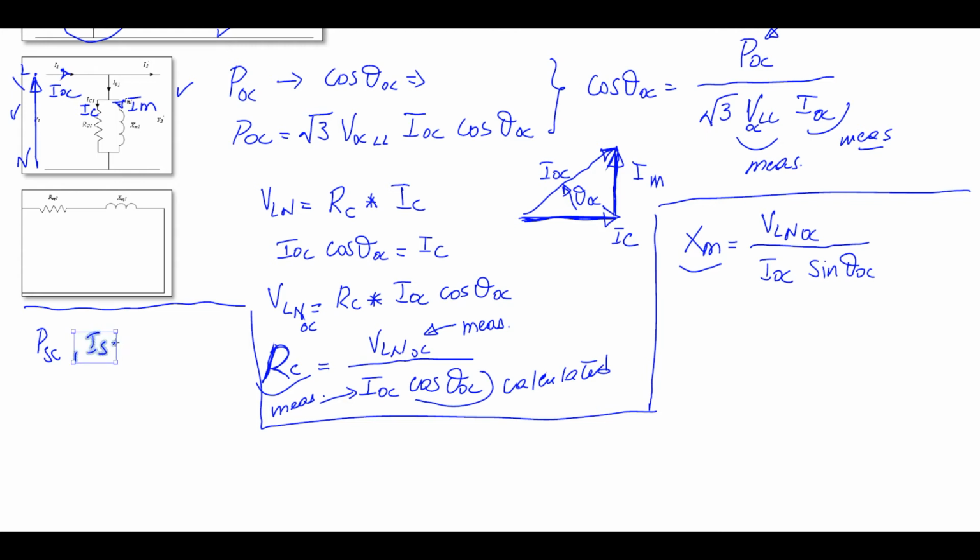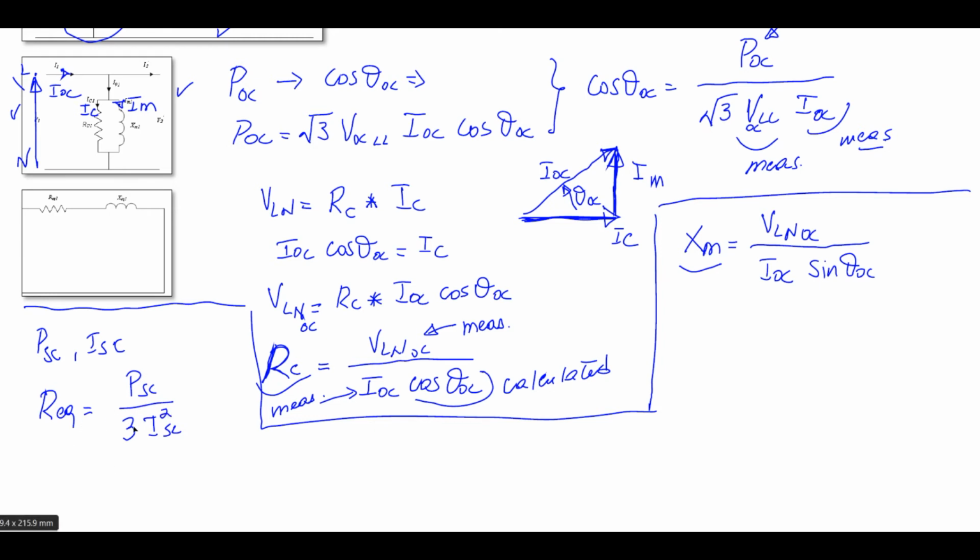And R equivalent: keep in mind this is active power, so it will be dissipated across the resistor. So R equivalent will be equal to the power divided by I squared. But keep in mind the measured power is for three phase, so this power will be divided by 3 and divided by I short circuit squared.